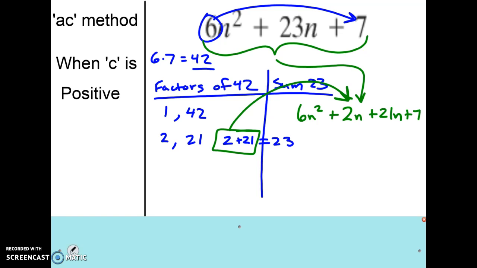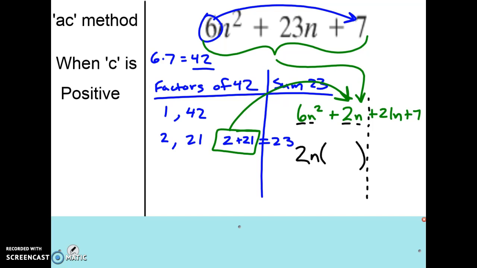Then we're actually going to be dividing these into two groups. So there are two terms on the left and two terms on the right. Then we have to factor out a common factor. A common factor between 6 and 2 would be 2, and a common factor between n squared and n would be n. Then what we leave in the parentheses is what's left over.